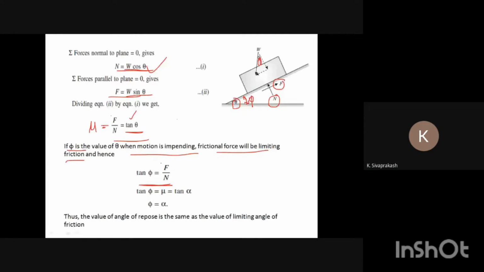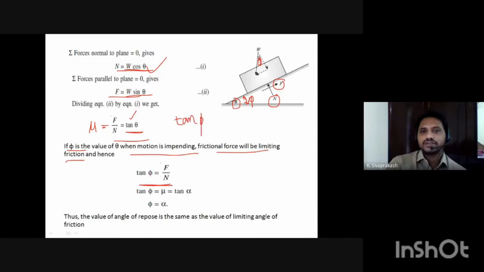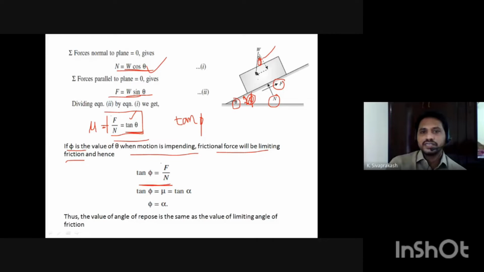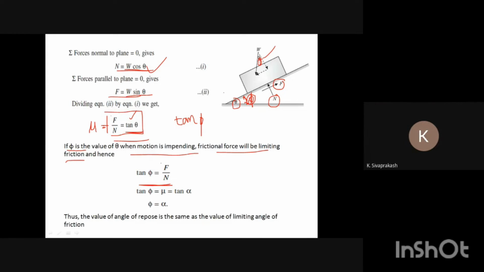Because by knowing this theta, you have written this equation, tan theta equal to F by N. Now, the angle is increased up to phi. Phi means the maximum angle at which the body starts sliding in the downward direction. That is simply called the angle of repose. Now, tan phi equal to F by N. In the place of theta, you can write phi, the angle of repose.